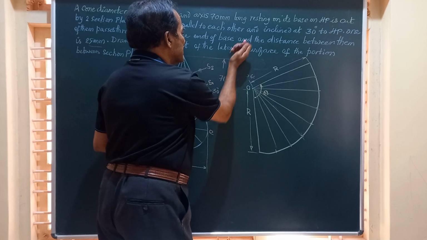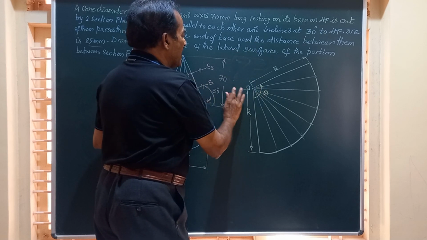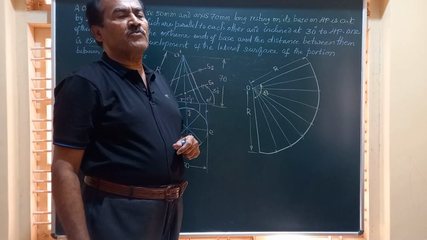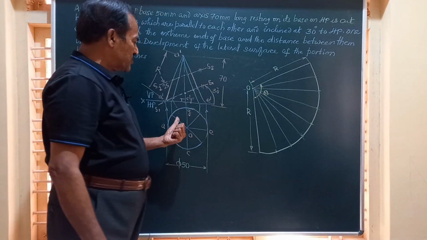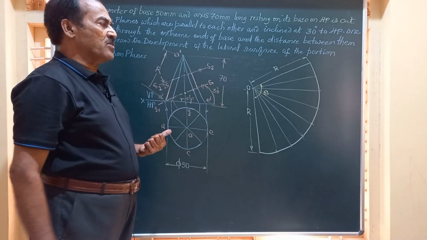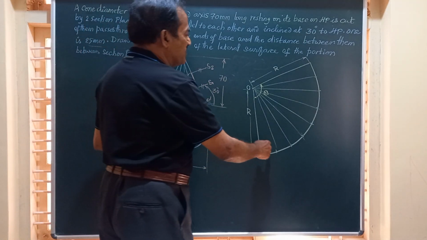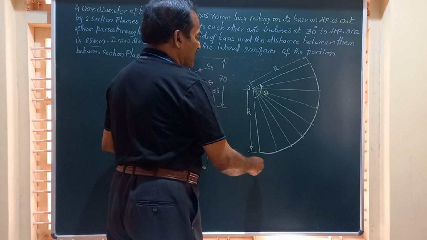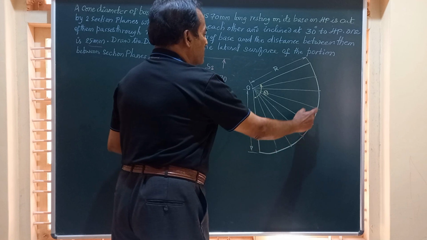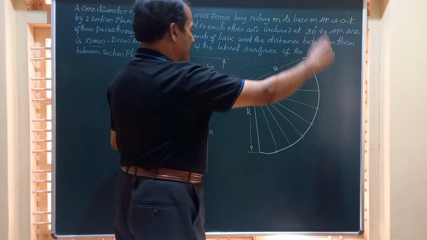And after marking this sector angle, we will have to divide this sector into some number of parts. As you can see, the top view of the cone is divided into 8 equal parts, so also it has to be divided into 8 equal parts, like 1, 2, 3, 4, 5, 6, 7 and 8.